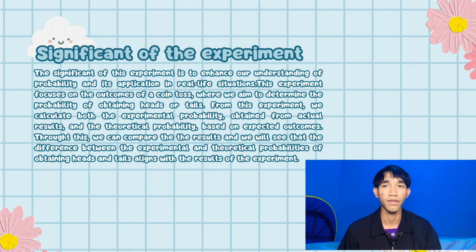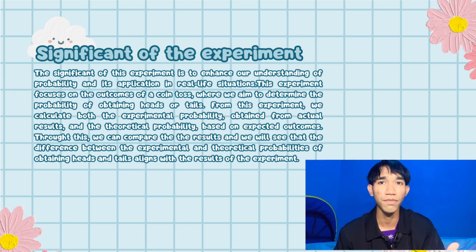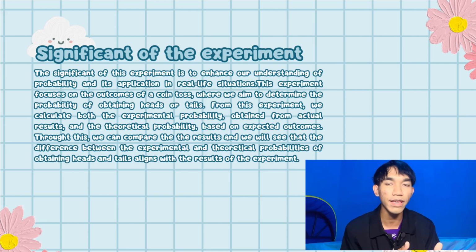Significance of the experiment. The significance of the experiment is to enhance our understanding of probability and its applications in real life situations. The experiment focuses on the outcome of a coin toss, where we aim to determine the probability of obtaining heads or tails.